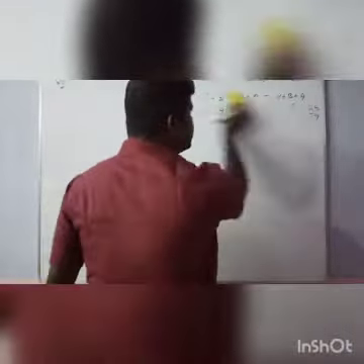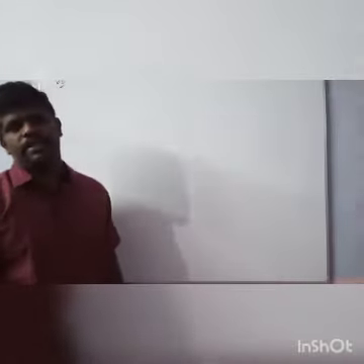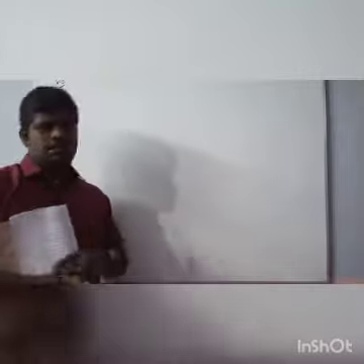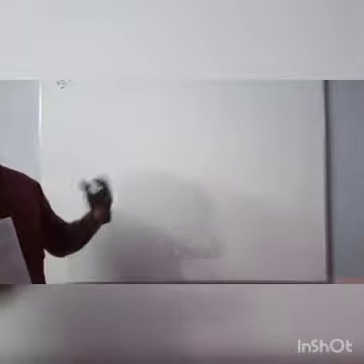If you had any doubt, you can rewind this and you can discuss it in the discussion video or a doubt clearance video. We will discuss all the doubts. Okay, right. Now we will go to the second sum.